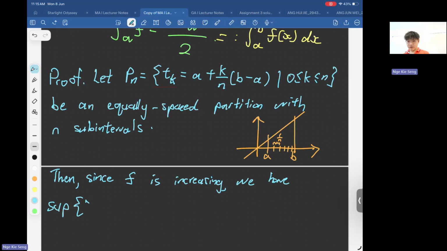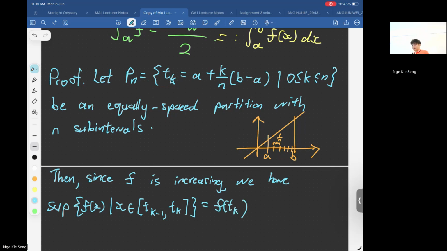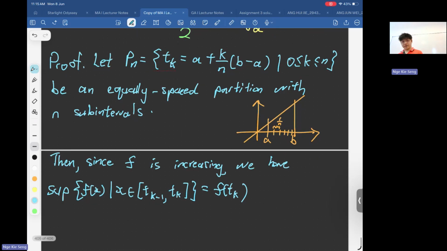We have that the sup of f(x) for x in [t_{k-1}, t_k] equals f(t_k). This is because it's increasing, so the supremum will happen at the right end point. So we apply f of t_k, and the infimum will happen at the left end point.